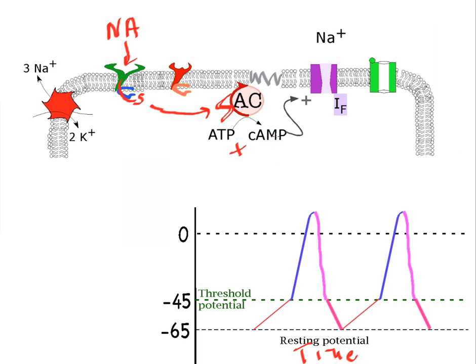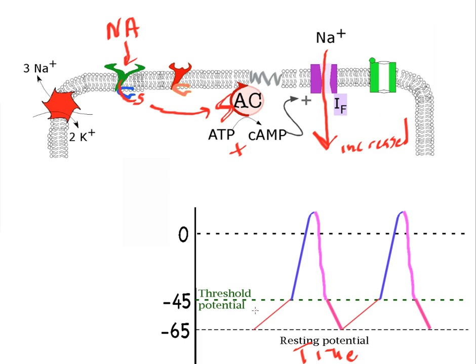Cyclic AMP then acts as a signal molecule which changes the shape of the funny channels in such a way that when they're open, there is increased flow through those channels.